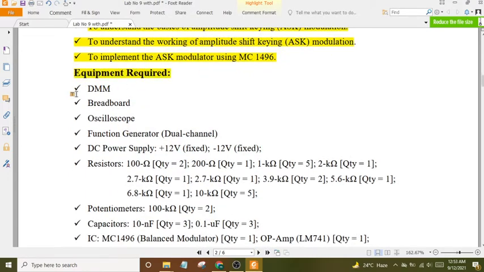Equipment required: DMM, breadboard, oscilloscope, function generator (dual channel), DC power supply +12V fixed and -12V fixed. Resistors: 100 ohm quantity 2, 200 ohm quantity 1, 1K ohm quantity 5, 2K ohm quantity 1, 2.7K ohm quantity 1, 3.9K ohm quantity 2, 5.6K ohm quantity 1, 6.8K ohm quantity 1, 10K ohm quantity 5.